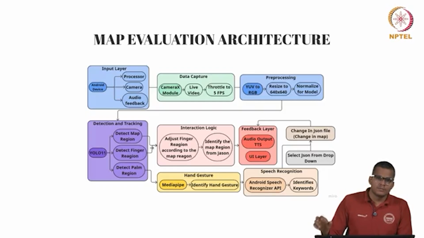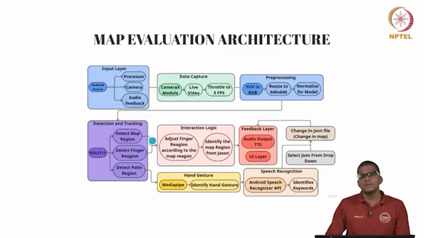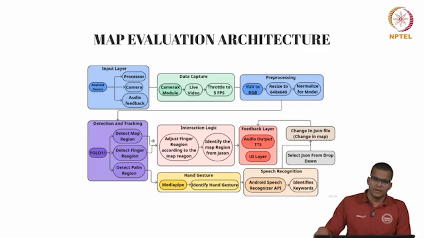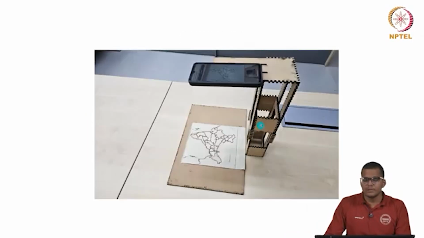We would crop the 640 by 640 pixel image according to these four classification coordinates, and then we have to map the finger according to that. Map the finger bounding box according to this bounding box that we have classified for the map region. This is what we do: adjust the finger region according to the map region, then identify the map region from the JSON.